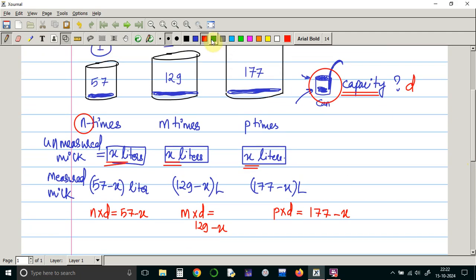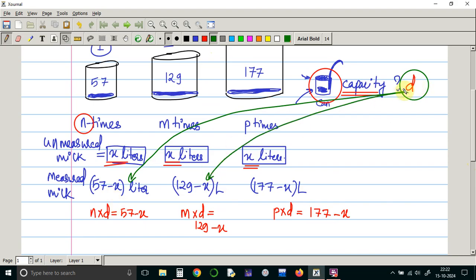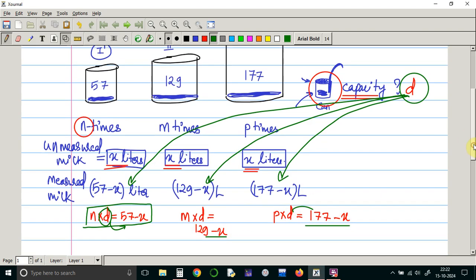The same thing I am going to say in a different manner, that this unknown d divides this number. So this statement also says that d divides 57 minus x, d divides 129 minus x, d divides 177 minus x.